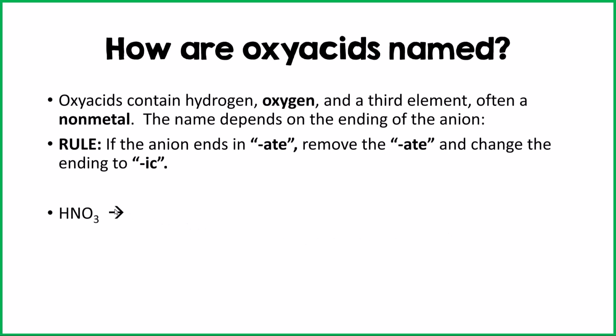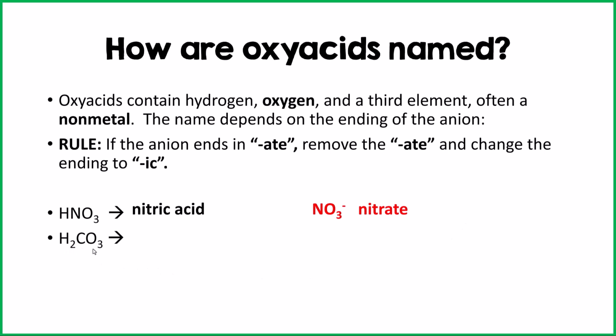So here we have HNO3, and that contains a nitrate ion here. And so it ends in ate. We're going to remove that ate and we're going to change it to ic. There's no hydro in these, so this is going to just be nitric acid.